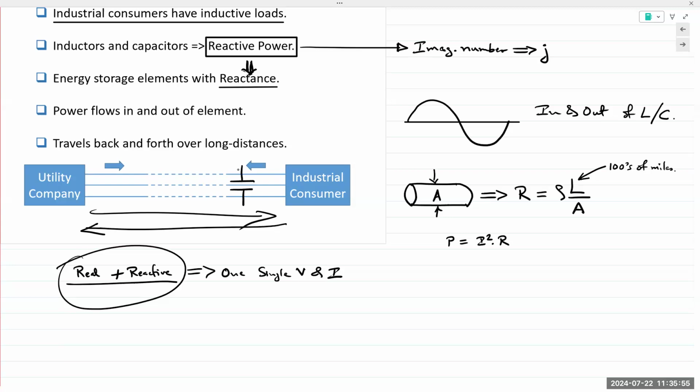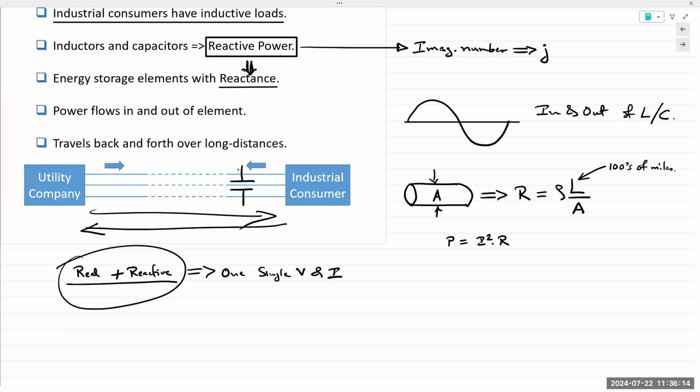Make sense? So instead of going back hundreds of miles to the utility company, it's only going, I don't know, a few yards. And this process is known as power factor correction.